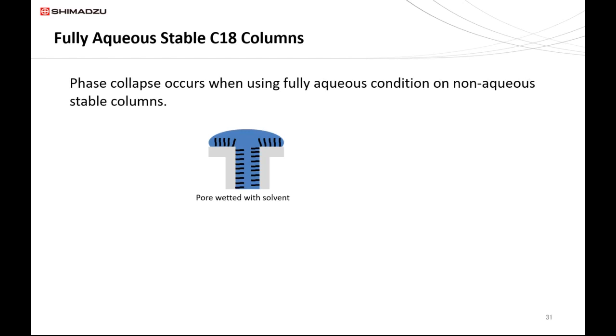For non-aqueous stable columns, under normal condition containing organic solvent, the bonded C18 phase are solvated and distributed. However, if 100% aqueous condition was used on such column, the C18 phase being hydrophobic dislikes the aqueous condition. They will then fold upon each other and force the solvent out of the pores.